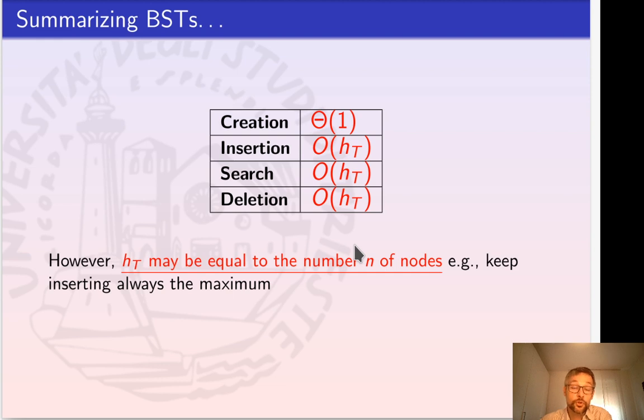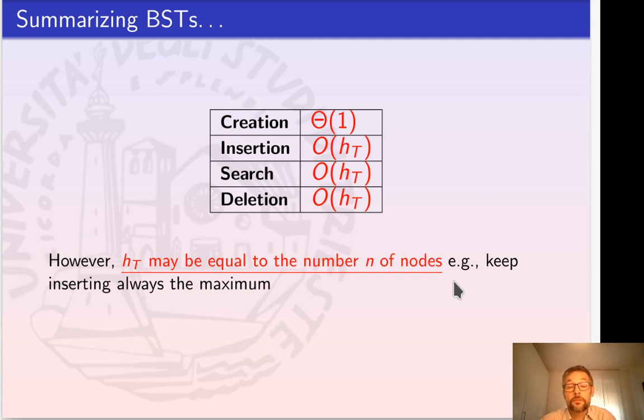And so inserting and searching and deleting values from that BST end up in a complexity which is linear with respect to the number of values stored in the BST, so the number of persons stored in the database.